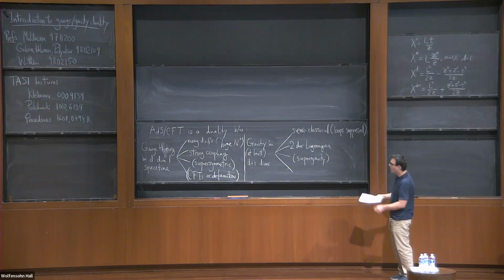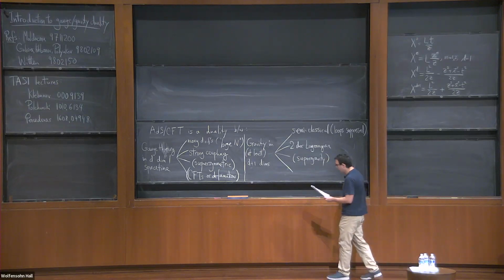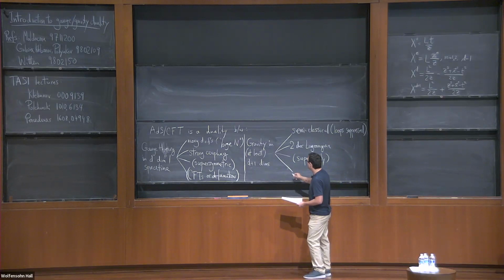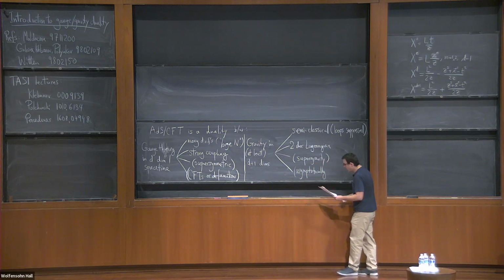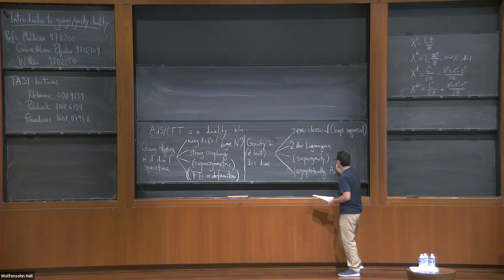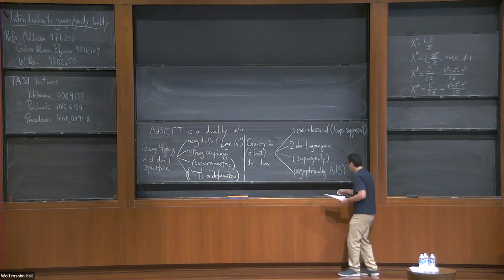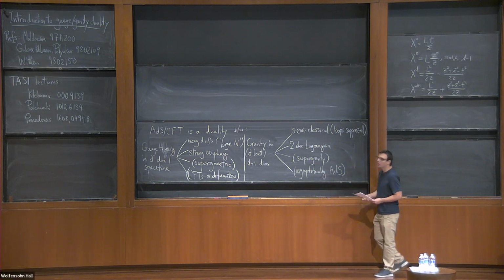When we're talking about CFTs or deformations of CFTs, this means on the gravity side that we have asymptotically anti-de Sitter backgrounds. I'll explain what AdS space is in a bit.